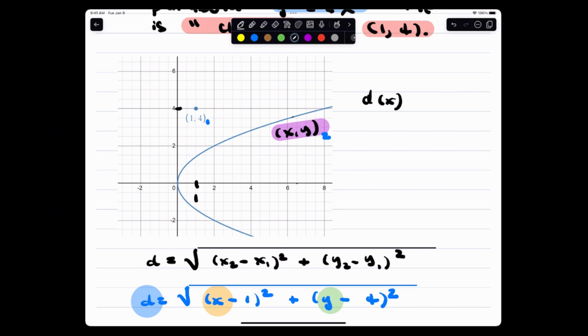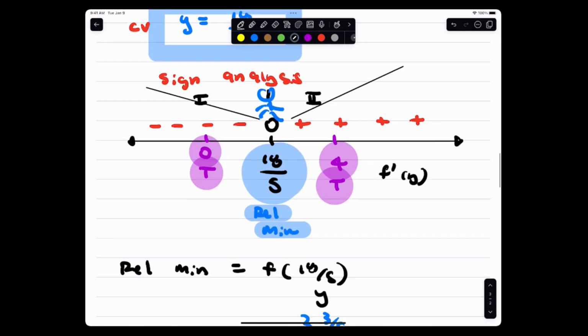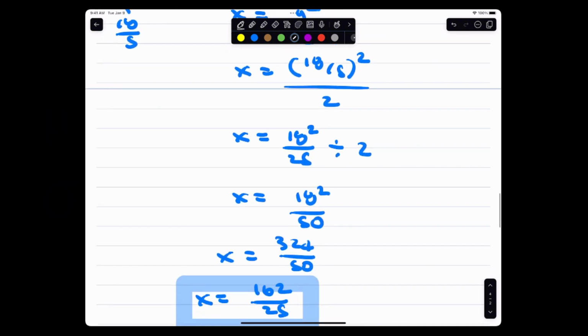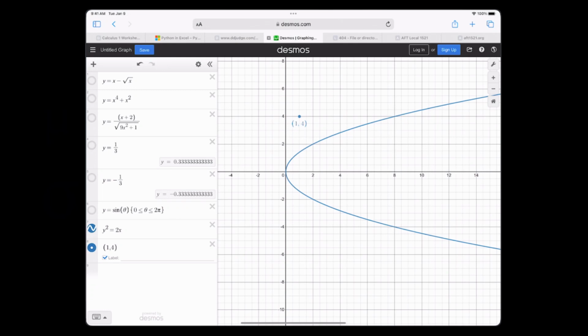Something's bothering me about this. It's odd. Let me double check if this is on the curve.